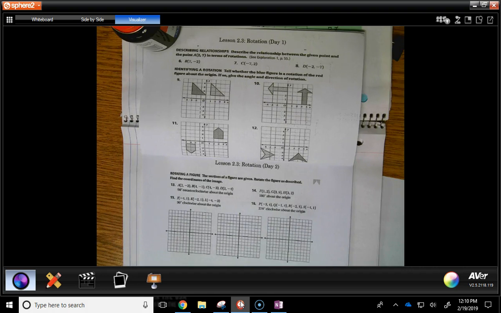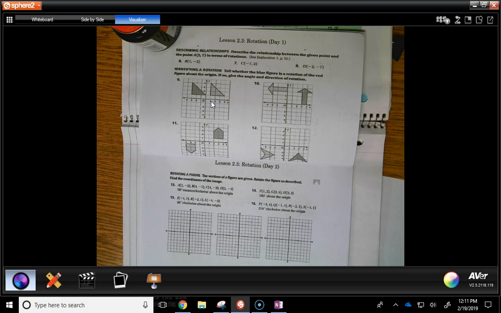Your assignment is 2.3, day 1. Pay attention to this. On 6, 7, and 8, in the instructions, describe the relationship between the given point and point A, 2, 7, in terms of rotation. So we're comparing. We have point A at 2, 7. If point B became 7, negative 2, how did that rotate?